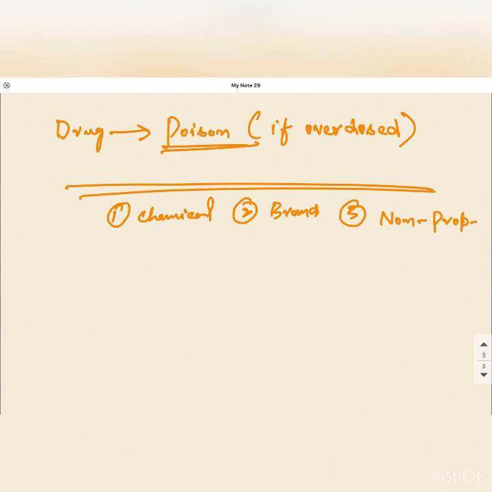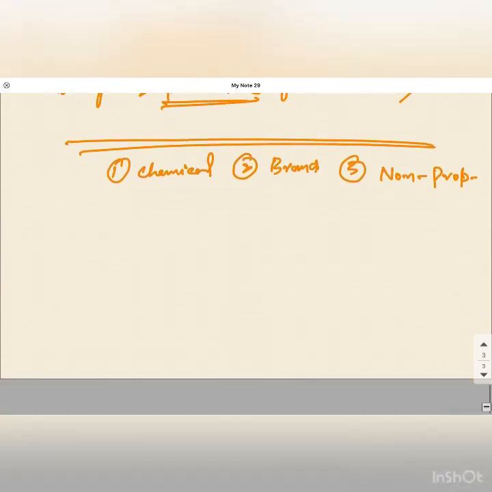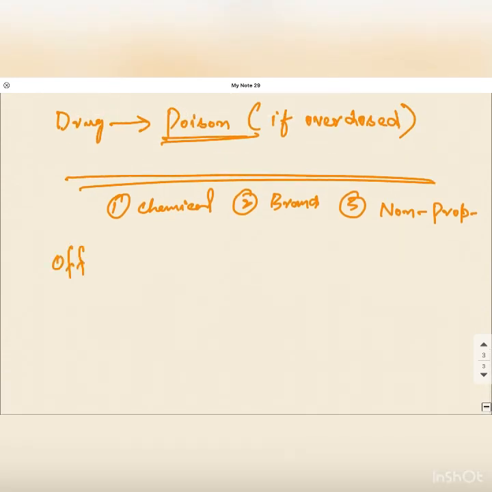And then we will look at the official books related to these drugs, like the pharmacopoeias and the formularies. We have so many things in pharmacopoeias.